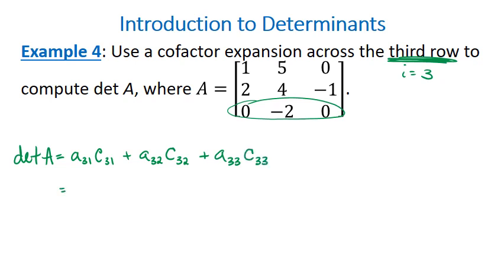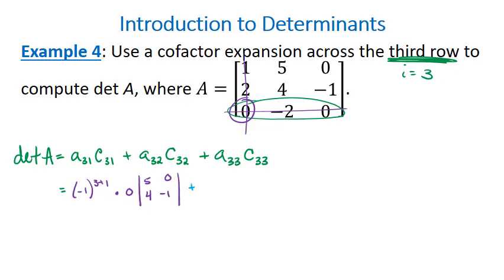So when we do this, we have -1 to the 3 plus 1. That's the third row first column. That entry is a 0. So if I omit the third row first column, I'm left with the following matrix.